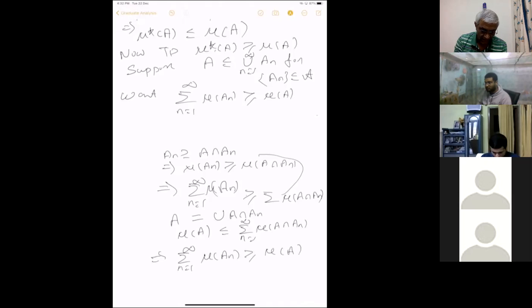We have proved this, okay? From this, we have proved this, and this is less than or equal to this, so because of that, this is true.